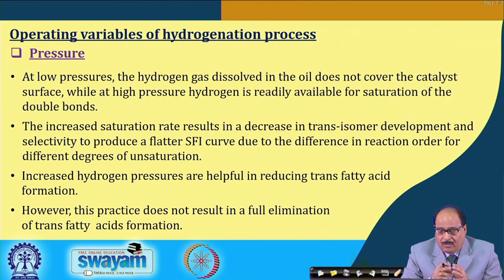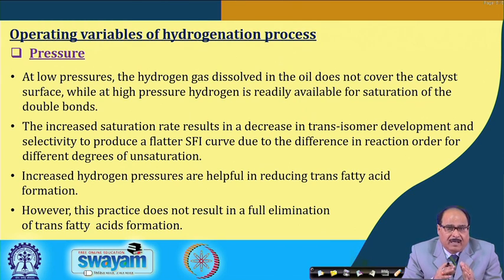Okay. So, this trans isomer development is the important one. Accordingly, the pressure and temperature combinations should be selected in such a way that as far as possible low trans isomer formation is there.